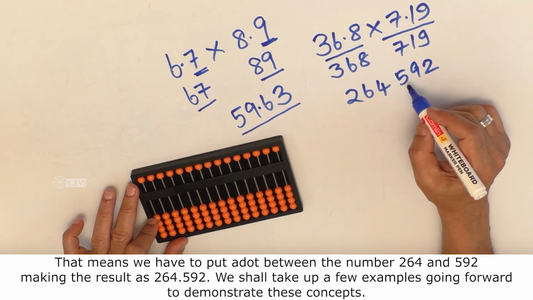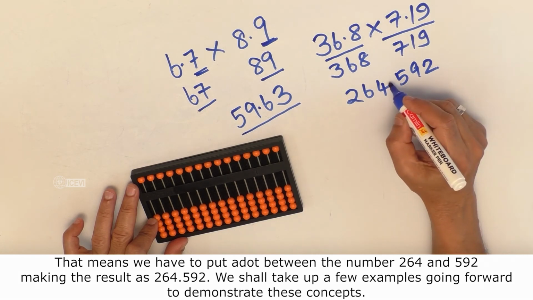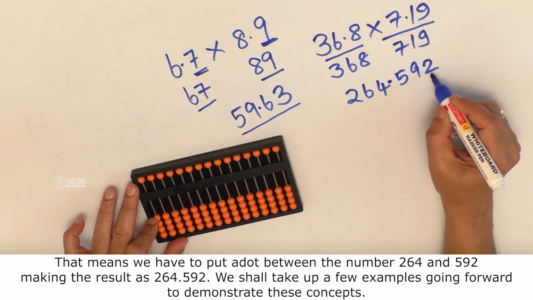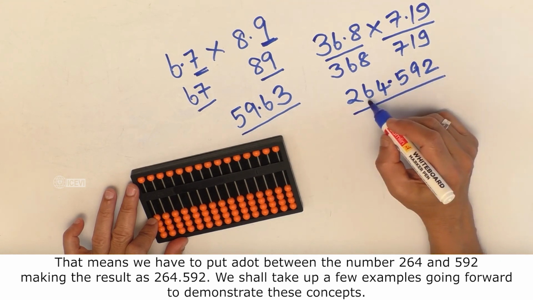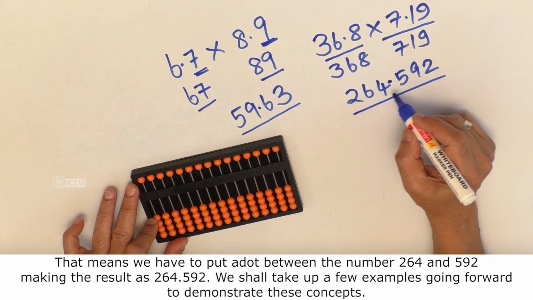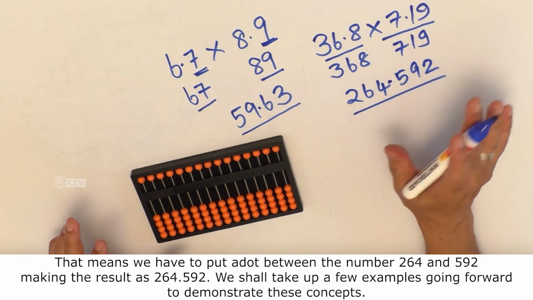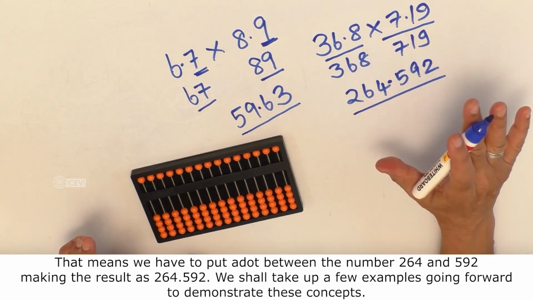That means we have to put a dot between the number 264 and 592, making the result as 264.592. We shall take up a few examples going forward to demonstrate these concepts.